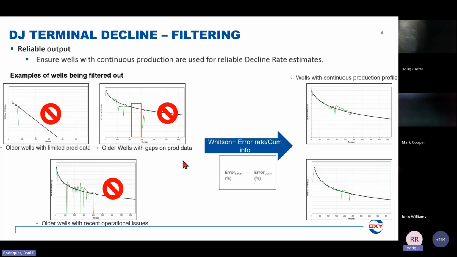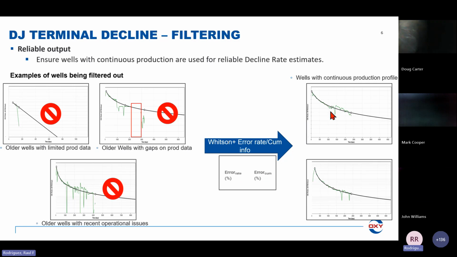So this is the place where Whitson came in to help us. You might see that we have the error rate and the error cum. So we're going to filter out those wells, taking out the wells with the higher error rate or the higher error cum.